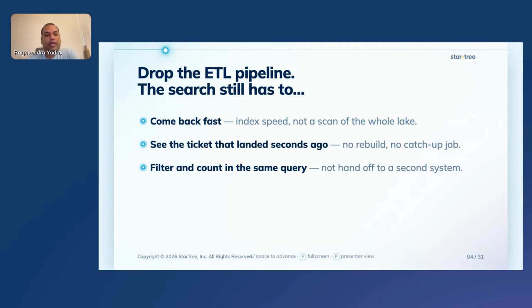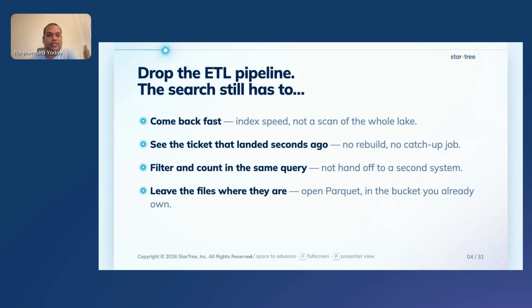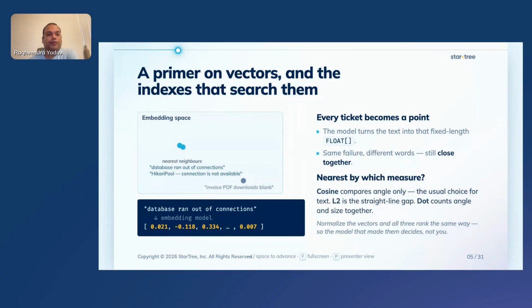You can also combine other analytics with your searches, like filter and count in the same query. You don't have to hand off this analytics to a different system. You don't have to touch the files; they stay in the data lake as they are. We just open the Parquet file, and you don't need everything in memory, so you don't have to spin up a large cluster and fit everything in memory.